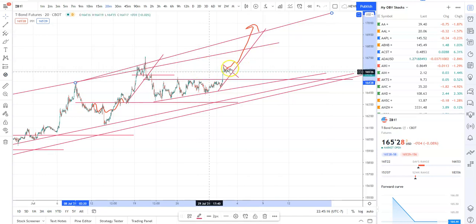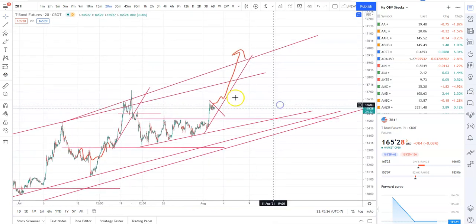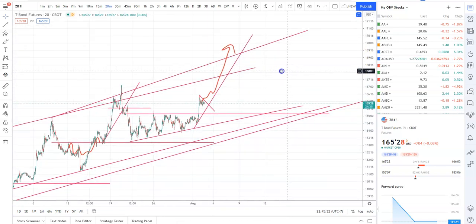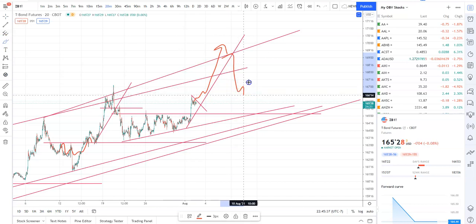So I'm expecting prices to spike to one of these two areas, and I'm going to be watching carefully like I always do for a break of the 20-minute trend to the downside, which is going to let me know that most likely prices are going to start retracing just like they have been doing and start setting another zone of consolidation.